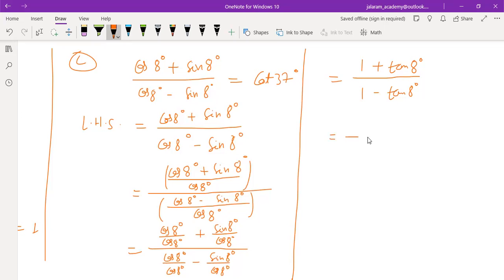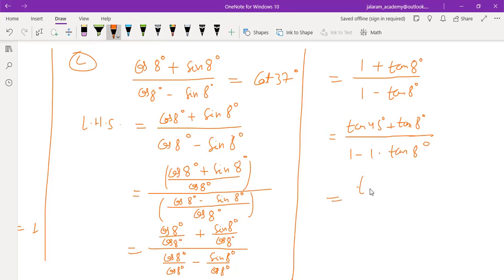Now we will use the procedure which we have used in the first part. In place of 1 we write tan 45 degree plus tan 8 degree over 1 minus 1 into tan 8 degree.